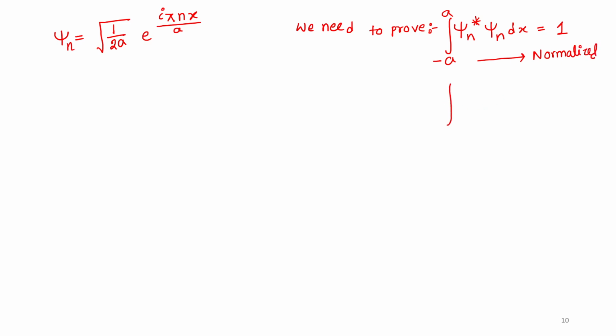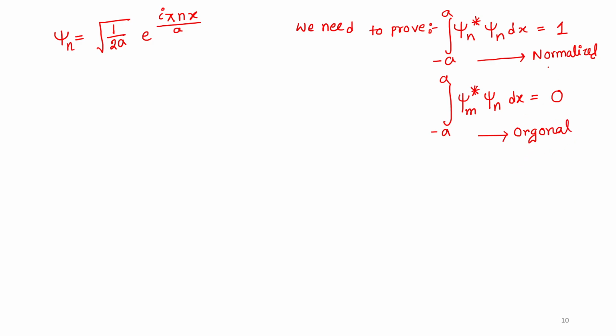And suppose instead of n I have something such as m: if I can prove that the integral of psi m star psi n dx is equal to 0, then I can prove this is an orthogonal function as well.